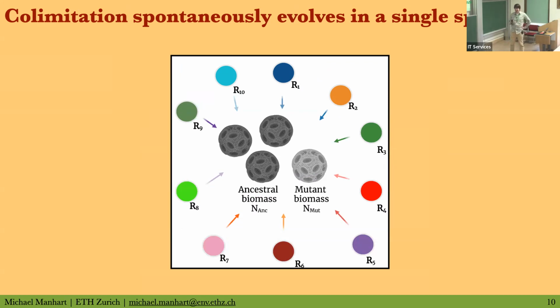So 10 is in between. And so you have this population, and now mutations can arise in this population that change the traits for resource consumption. And those mutations then either fix if they're positively selected and can overcome genetic drift, or they go extinct and they disappear. And so we can simulate evolution of such a population using these kinds of processes.